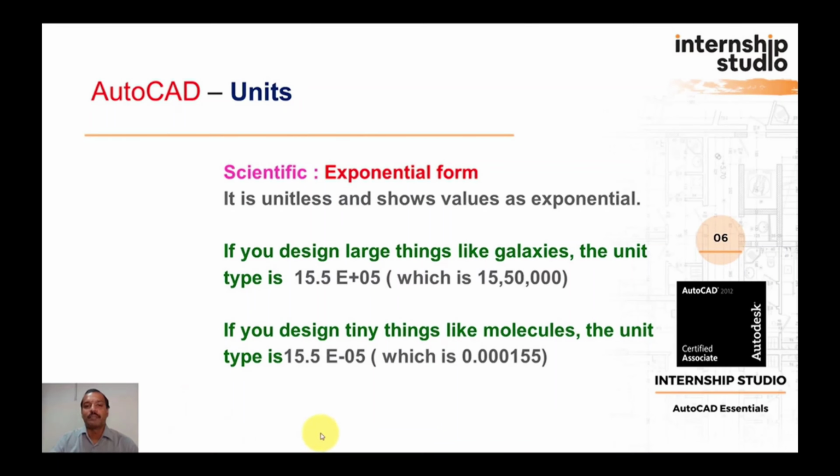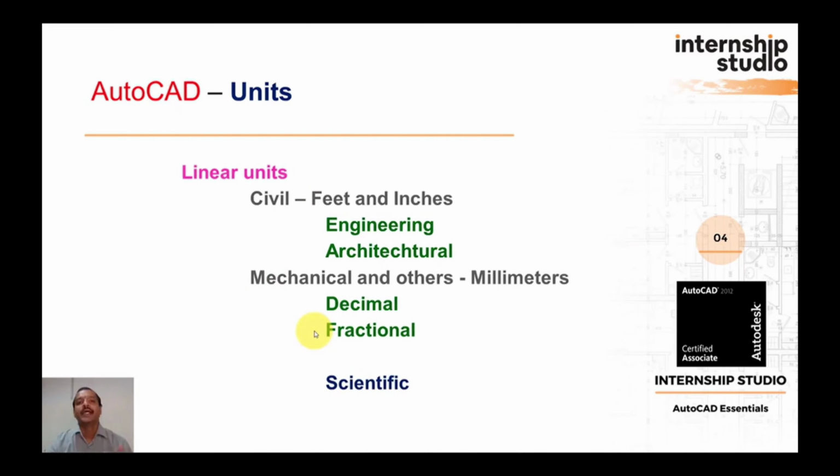Similarly, if you are designing very tiny parts like molecules, they will be expressed in terms of e power minus values. In AutoCAD, we use this unit as an input value as well as an output value. That means AutoCAD will show the dimension in terms of a particular unit size, and in the same way, we can enter values in terms of a particular unit also.